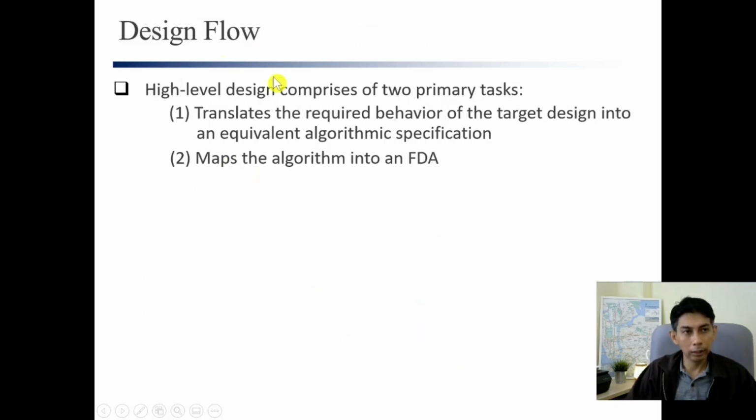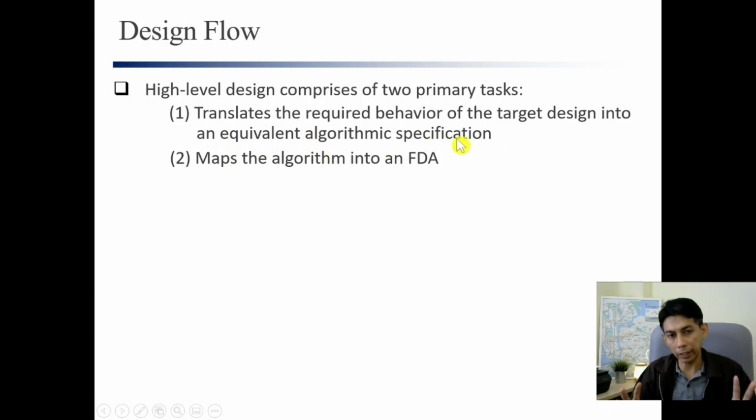So let's look at the design flow. High level design comprises two primary tasks. The first one is to translate the required behavior of the target design. So we have the specification, and we need to translate that specification into what we call the equivalent algorithmic specification.